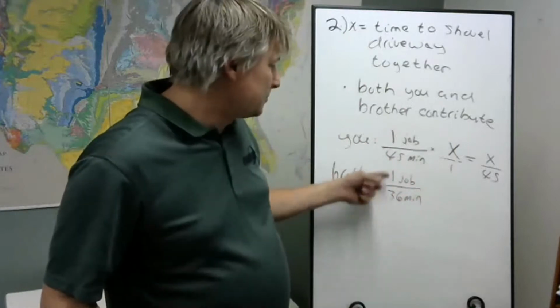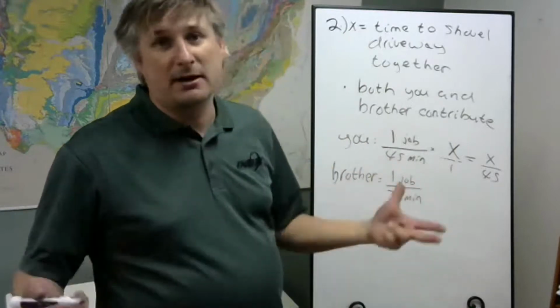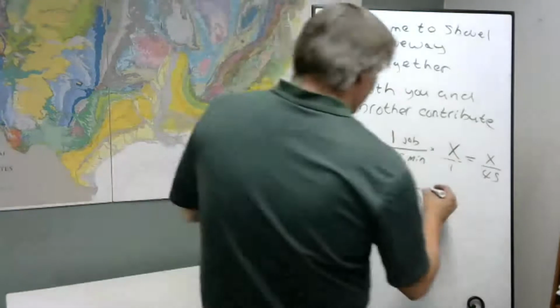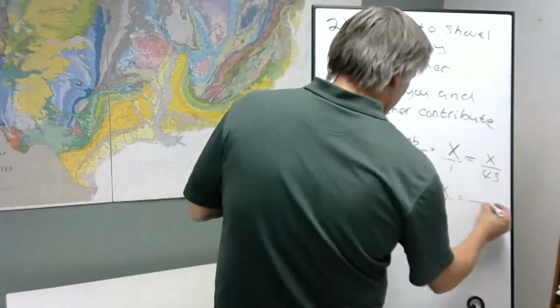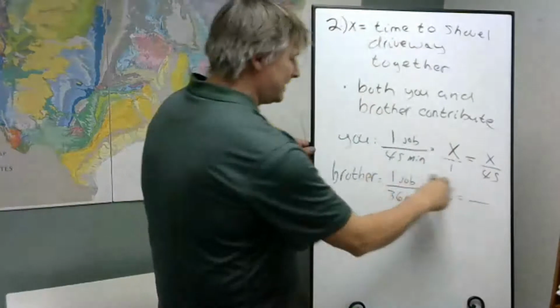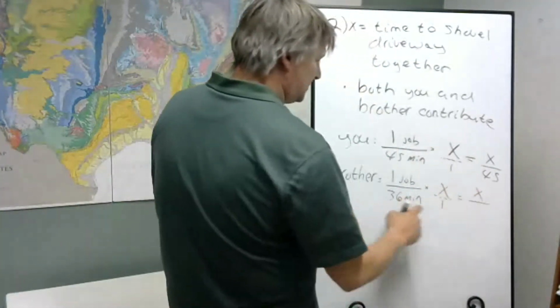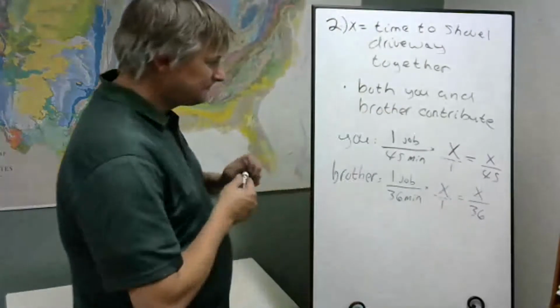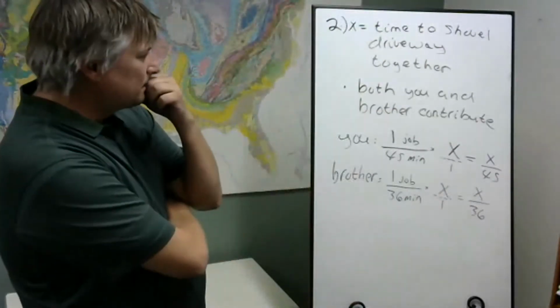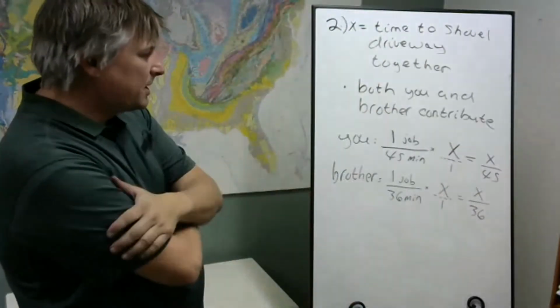Well, again, we take this ratio, we multiply by the time available. So 1 times X is X. 36 times 1 is 36. So with these expressions, we've got to come up with an equation.